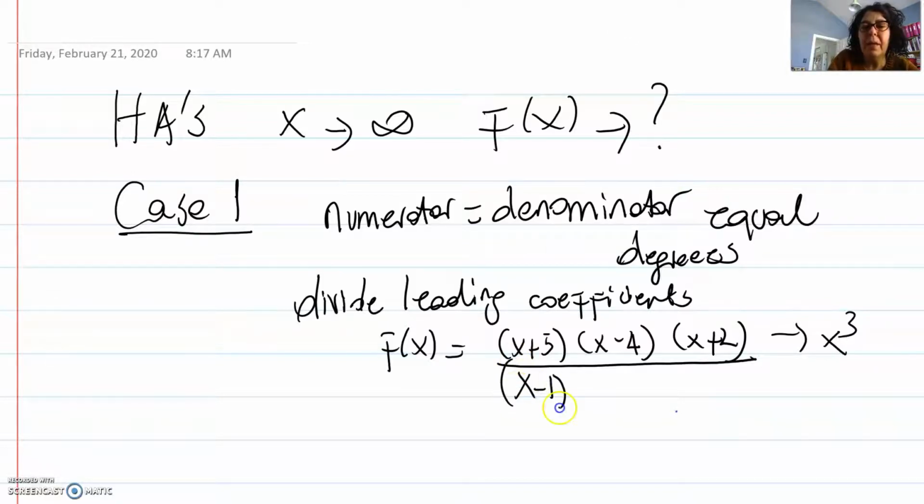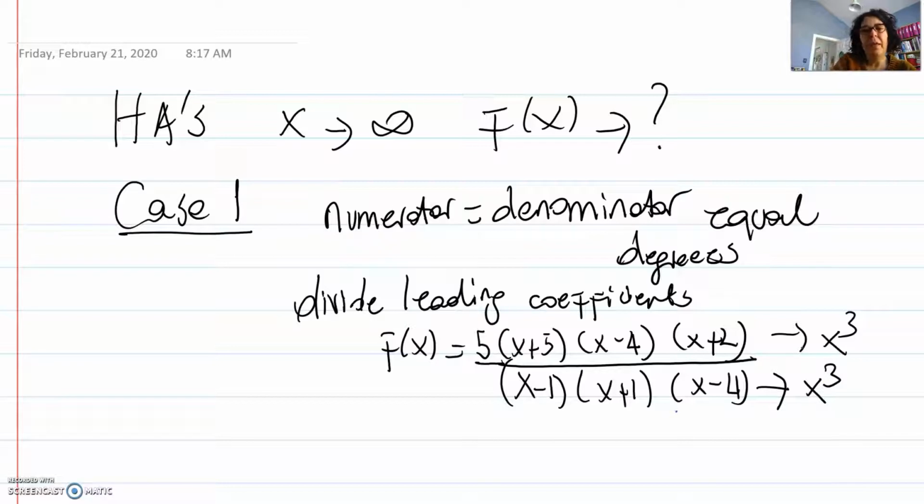And I have x minus 1, x plus 1, and let's say x minus 4. Let's say that I have 5 here. Okay, so this guy has a degree x cubed, then the horizontal asymptote will be y equals 5.